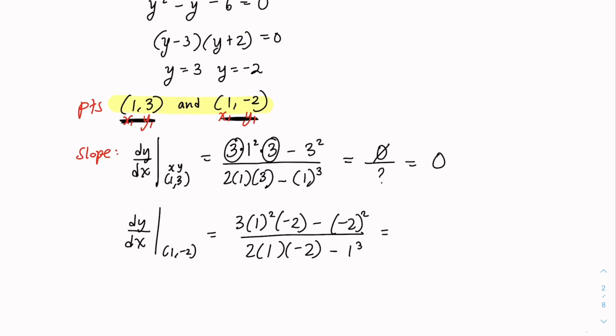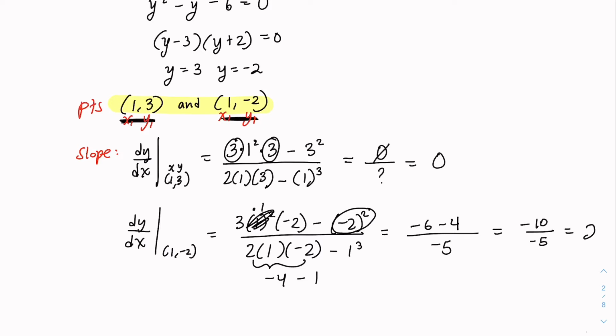So 1 squared is just 1. 3 times 1 times negative 2, that's negative 6. Negative 2 squared is 4, so that's negative 6, take away 4 all over this expression, that's negative 4, minus 1 cubed is 1, negative 4 minus 1, that's negative 5. So simplifying, we get a slope of positive 2.